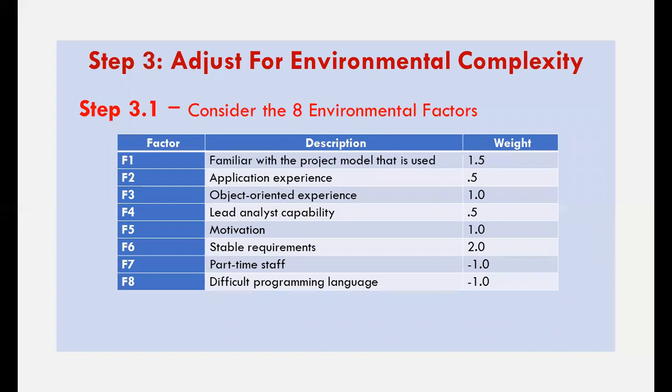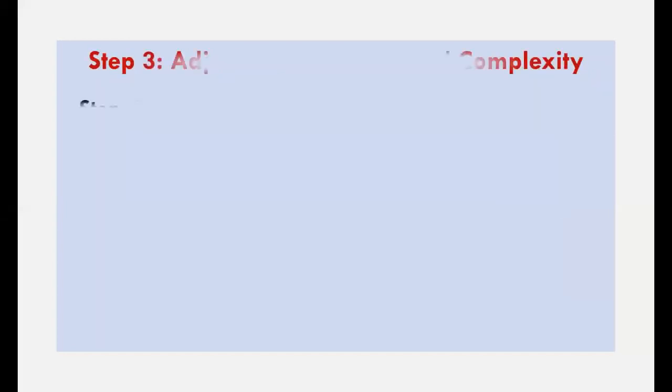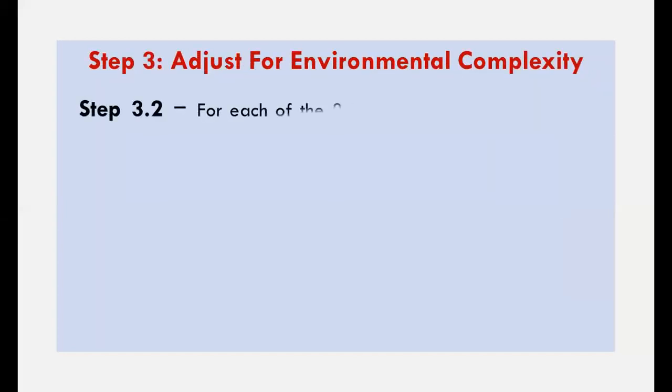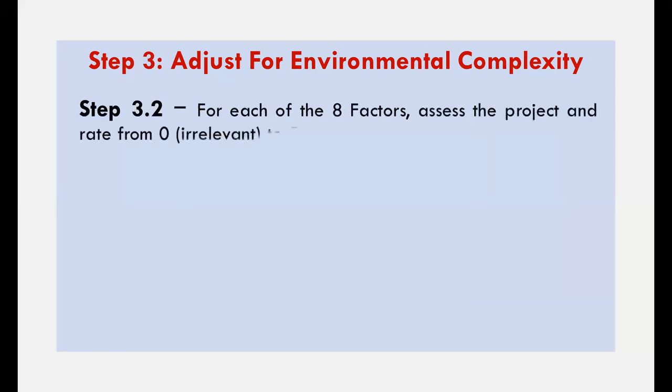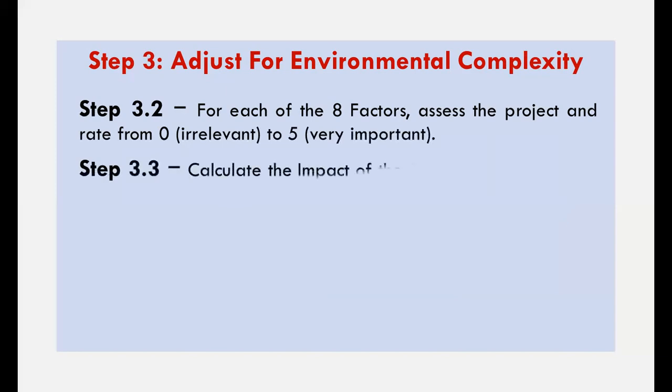Here F1, F2, F3, F4, F5, F6, F7, F8 are the environmental factors, and these 8 environmental factors are given with some weights. So we need to use these weights. Whereas in step 3.2, for each of these factors, we need to assess the project and rate 0 for irrelevant and 5 for very important.